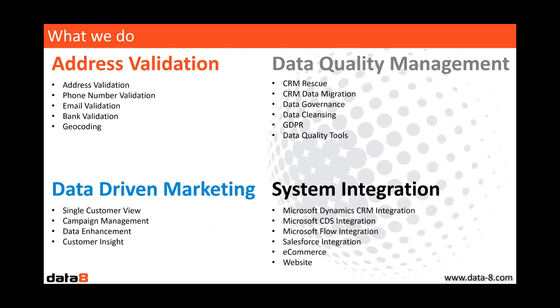Making use of that for marketing, so things like building single customer views. And finally, making sure that all of that technology is available where it's best used, so integrating that directly into products like Microsoft Dynamics and other ones that we won't mention today.